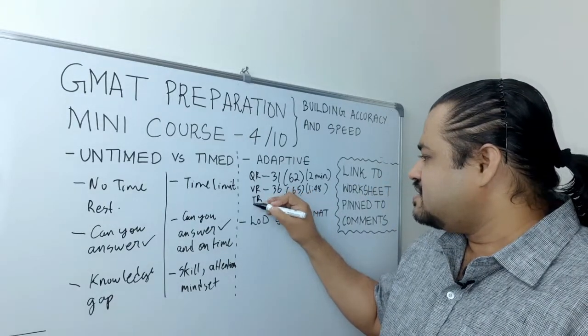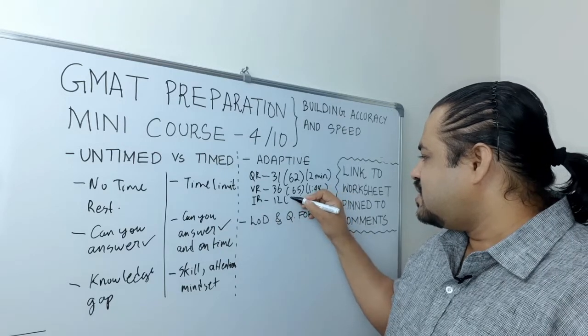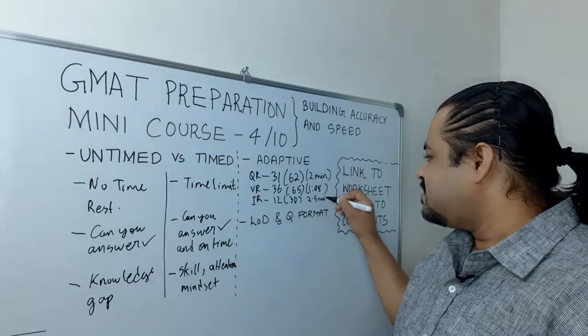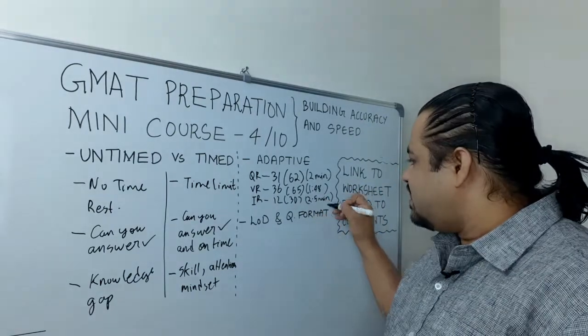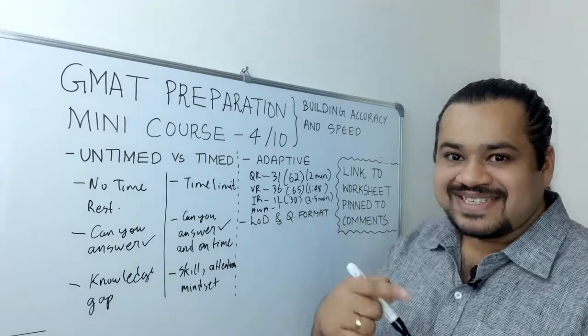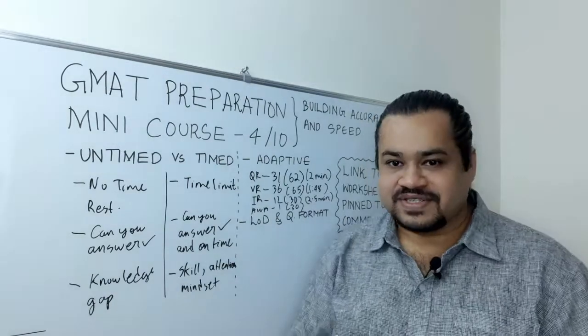The integrated reasoning section has 12 questions which you have to do in 30 minutes. So that's 2.5 minutes per question. And finally, the AWA part just has one essay that you have to write, and that is for 30 minutes.